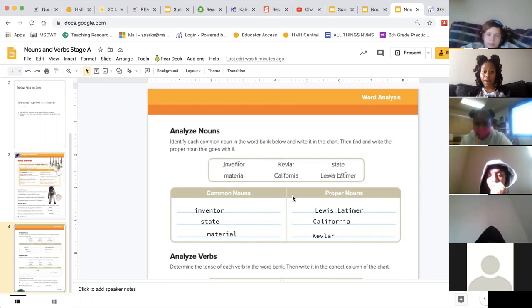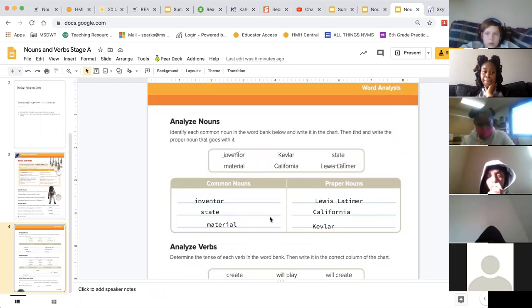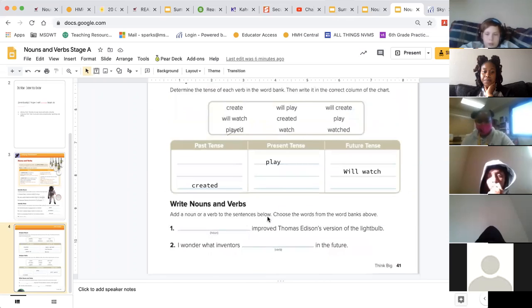We need a proper noun, so it can be Kevlar, California, or Lewis Latimer. We've already matched it up to the common noun, so which one do you guys think will best fit that sentence? Any guesses?